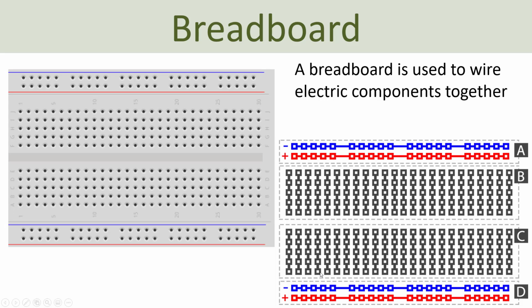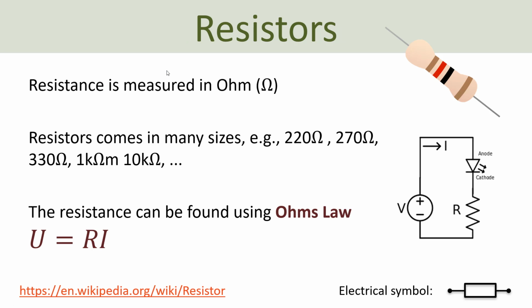So let's start with the breadboard. A breadboard is used to wire the electronic components together. You put your LEDs, push buttons, and resistors, and wire the circuit on the breadboard, and then you connect the components to the general purpose input-output pins on the Raspberry Pi.